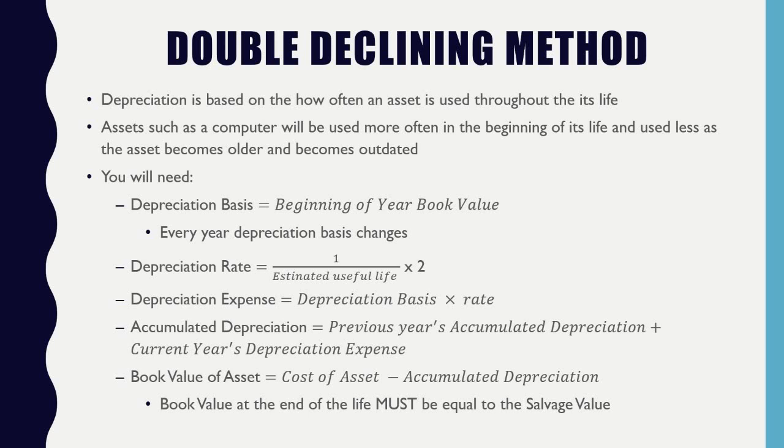And the number one reason why you would double decline something, or in this case, depreciate it twice as much, is because the assumption is that when we have a fixed asset, most likely this type of fixed asset is something that we use more frequently in the beginning of its years, but as time progresses, you use it less and less and less.